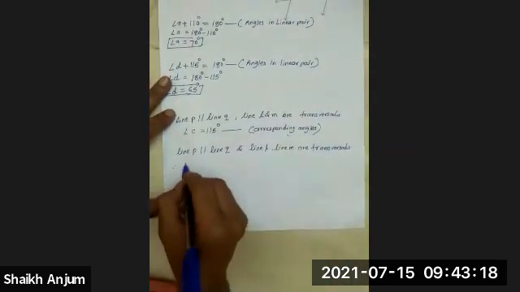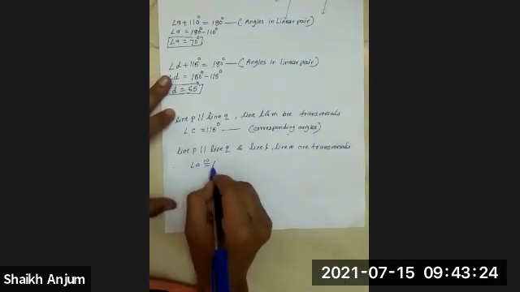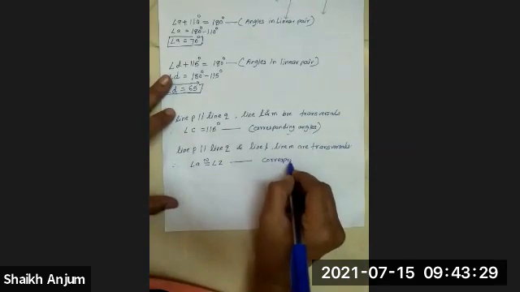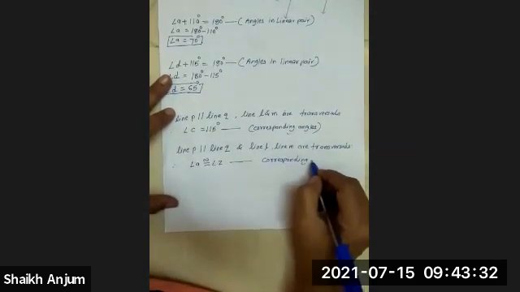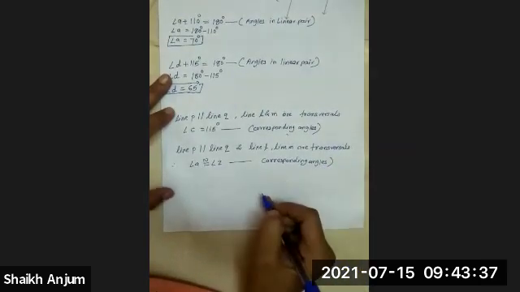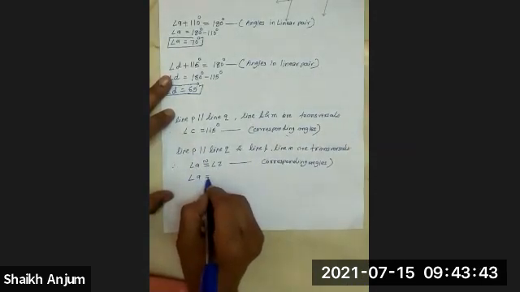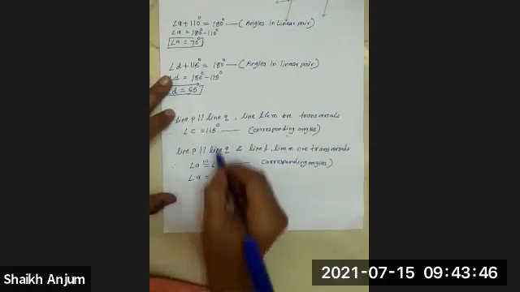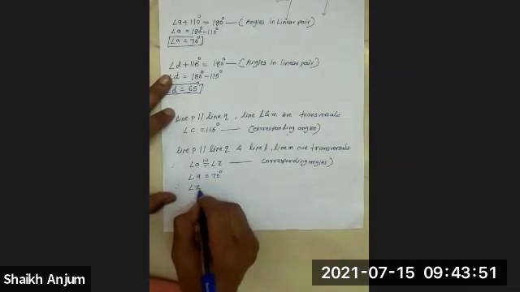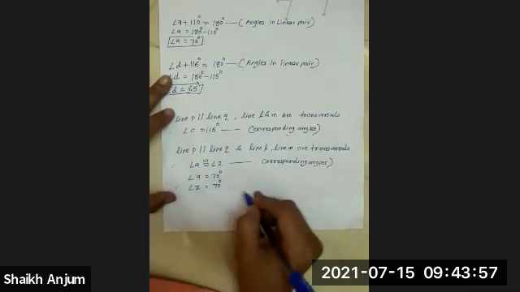Therefore, angle A is congruent to angle Z because they are corresponding angles. As angle A is 70 degree, angle Z will also be 70 degree.